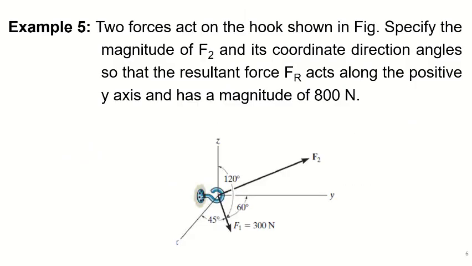Okay, we'll look at the example. Two forces act on the hook shown in the figure, right? So there is a hook and two forces act on the hook, force F1 and F2. For force F1, the magnitude is given and the coordinate direction angles are given, right?